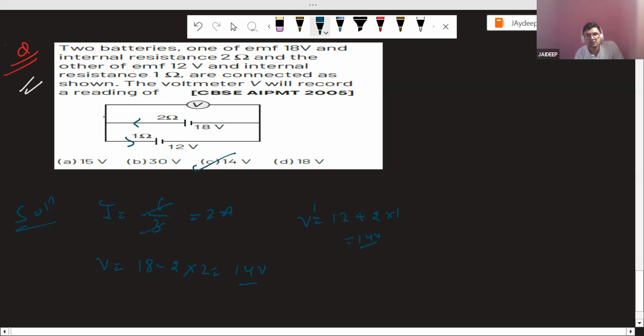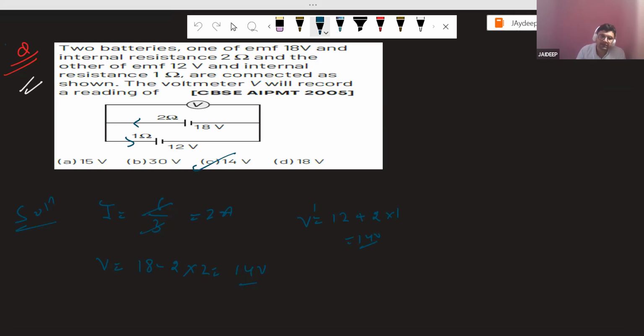How to calculate the current? This 18 volt battery is dominating, since positive is connected to positive and negative to negative. So to calculate the current we take the net EMF, 18 minus 12, that is 6, and the total resistance, that is 3. So 6 over 3 equals 2 ampere. The 18 volt battery will get discharged and the 12 volt battery will get charged.